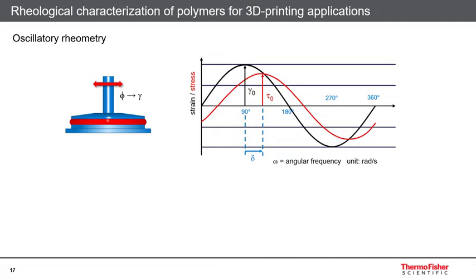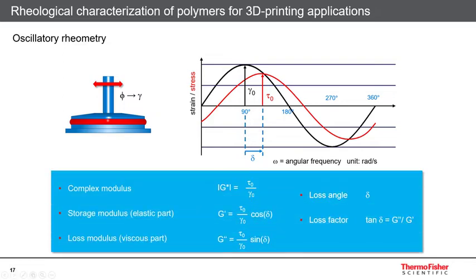This is also referred to as measurements in CD, controlled deformation, or measurements in CS, controlled stress mode. The response of the tested material is then again either a stress for measurements in CD mode or a deformation for measurements in CS. The important rheological parameters obtained when performing oscillatory tests are presented here at the bottom of this slide.